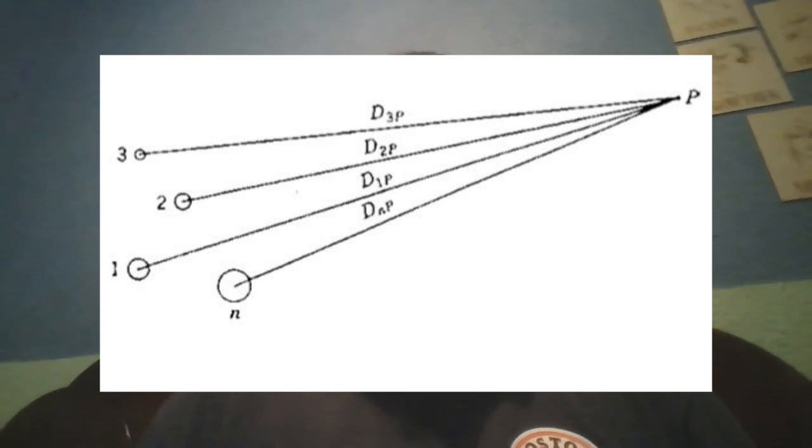In the figure we can see a cross-sectional view of a group of n conductors carrying currents whose sum is zero. Point P is remote from the conductors.